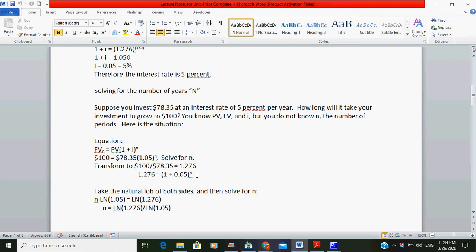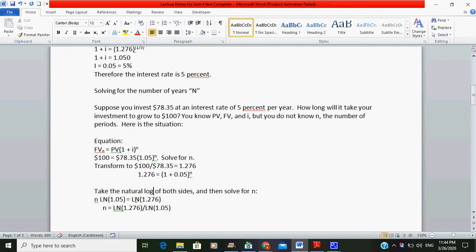Now, you're going to take the natural logarithm of both sides and then solve for n. Therefore, you're going to have n times ln 1.05 equals ln 1.276.